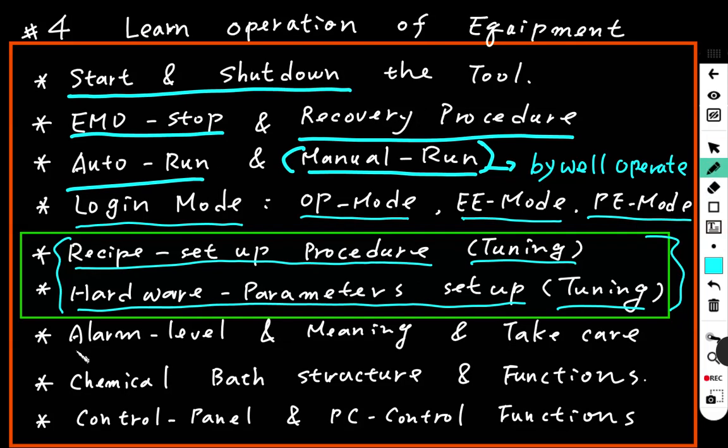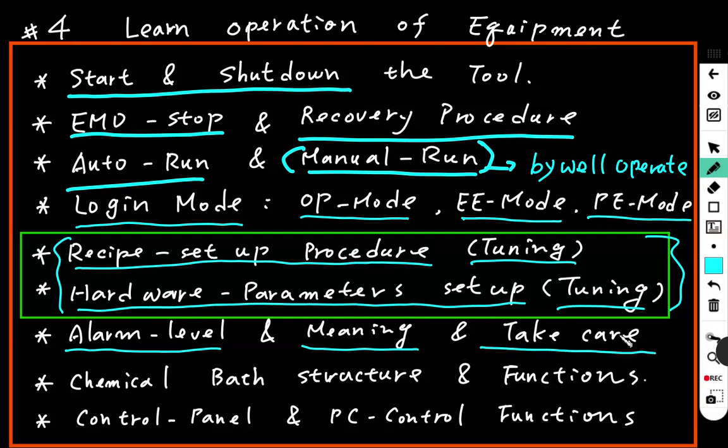Then the equipment engineer needs to know about the alarm label. There is a basic warning label or the serious tool down label, and we got to know these alarms' meaning and how to take care of them. Knowing the meaning is the first step.